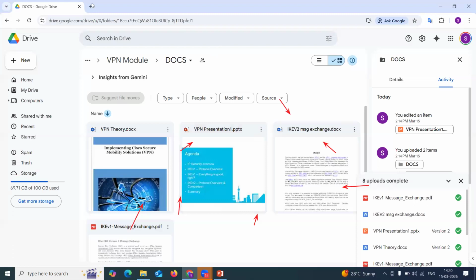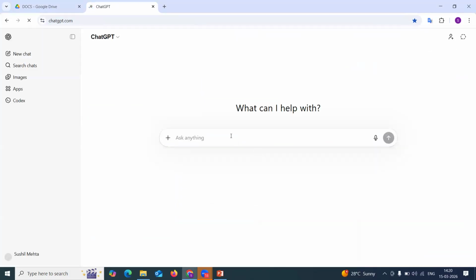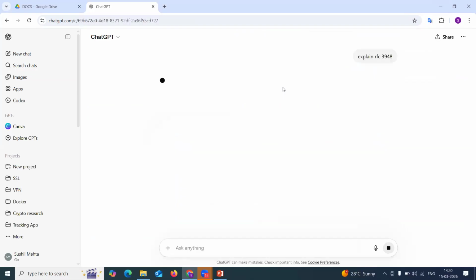Take the help of AI and say, explain RFC 3948.